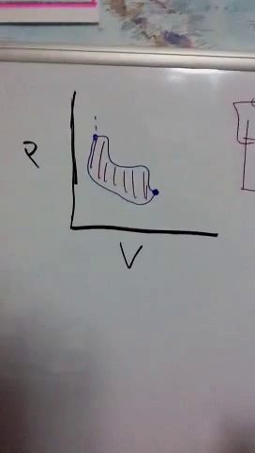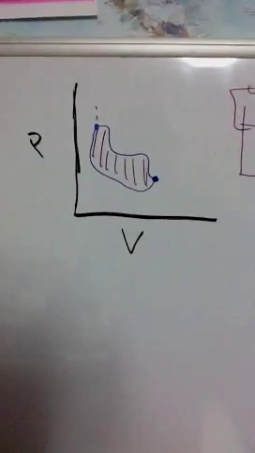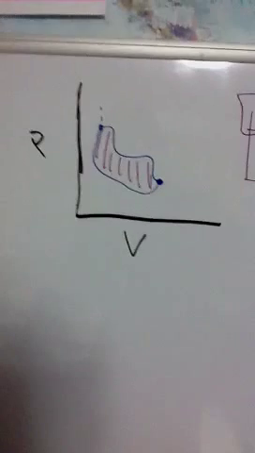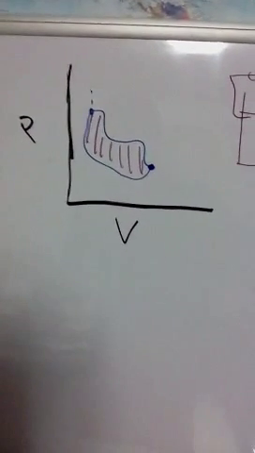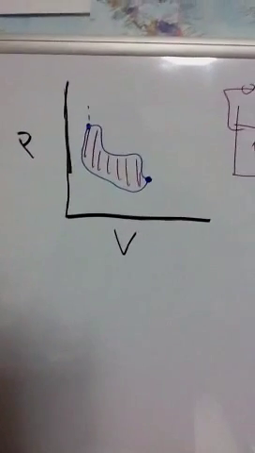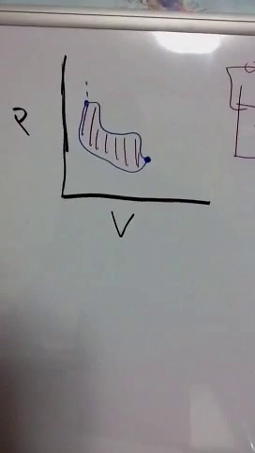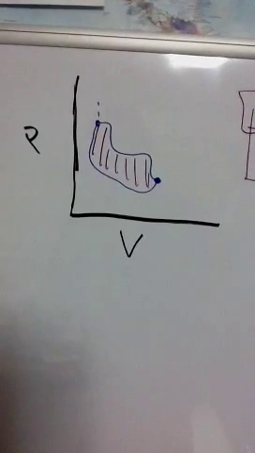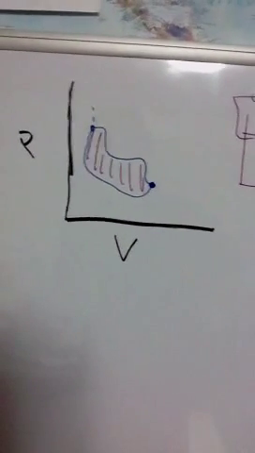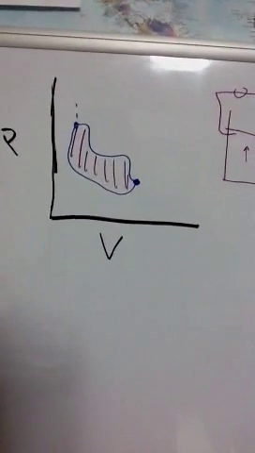Obviously pressure and volume are two important macro state variables. But the intuition that I wanted to convey is that the conventional way of looking at work in a system like this is actually the area within the curve of a pressure volume diagram.